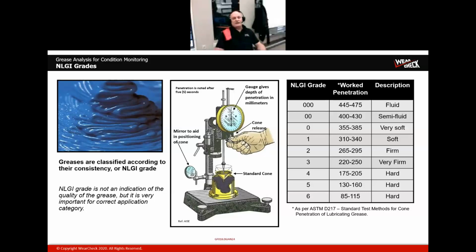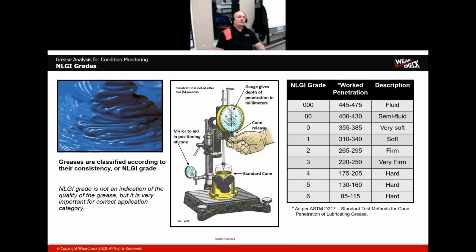So greases where that cone penetrates significantly into the grease tend to have a lower NLGI grade, but are a softer grease. The greases where the cone does not penetrate that much have a higher NLGI grade or a lower consistency number. So when we look at the whole range of greases, we have semi-fluid greases starting at a 000 right up to quite hard greases, an NLGI 6.